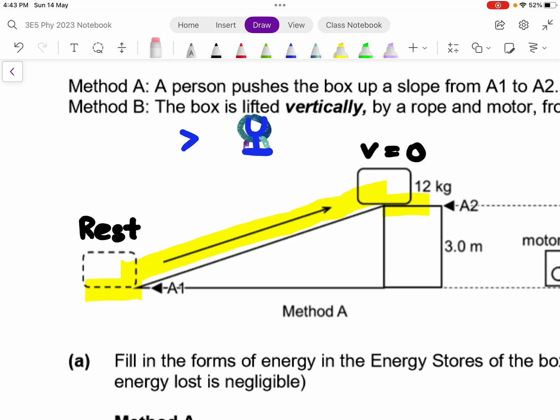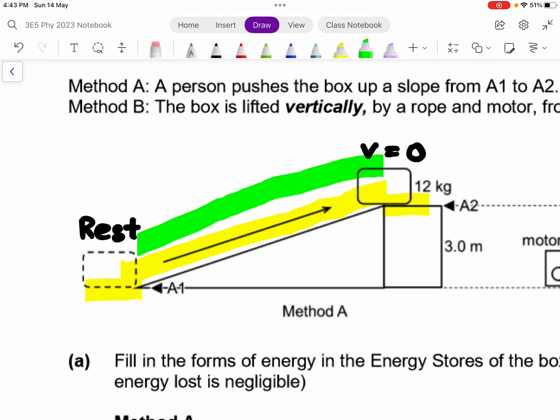So because of that, you would want to push the box with just enough force that it will speed up to the top and then slow down just enough to reach here, right? So because of that, at the top, velocity is also 0.